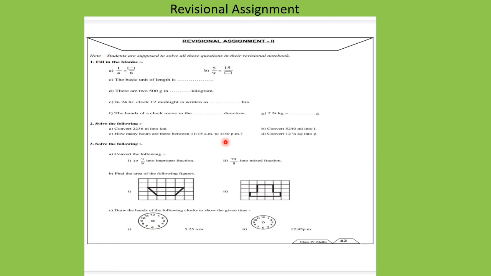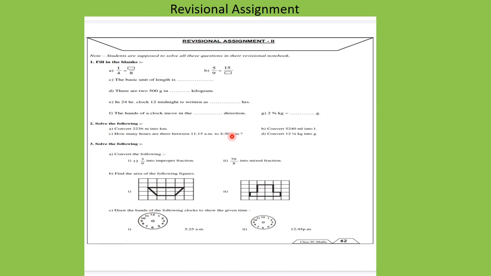So if I have to do this question, I would have broken up the time like this. From 11:15 am, I'll find out how much duration there will be till 12 noon. So I will have around 45 minutes, and then from 12 noon till 4 o'clock I will have 4 hours, and then 30 minutes are already left.